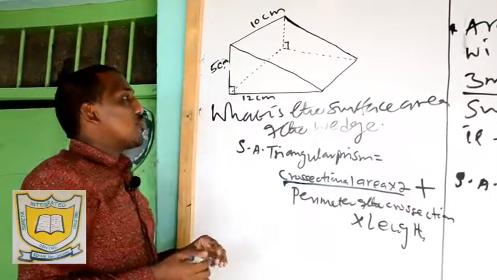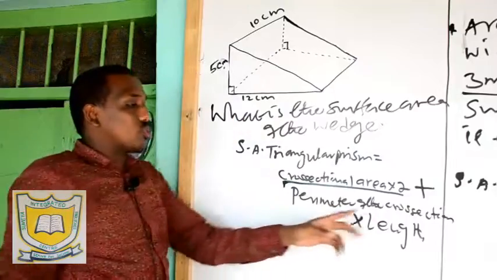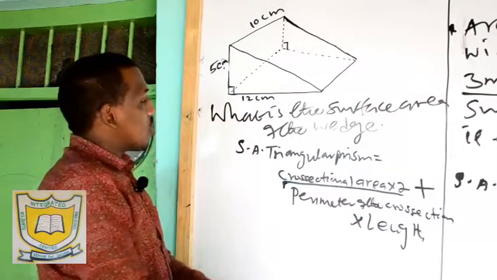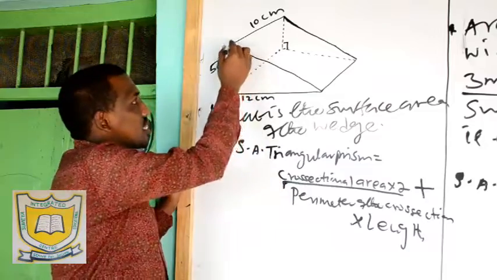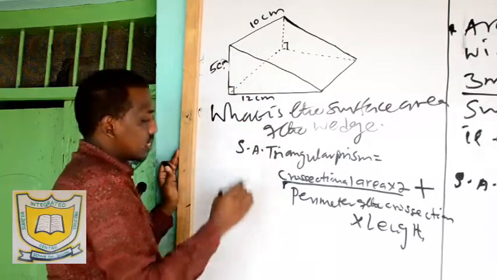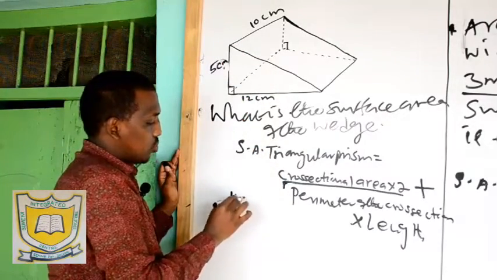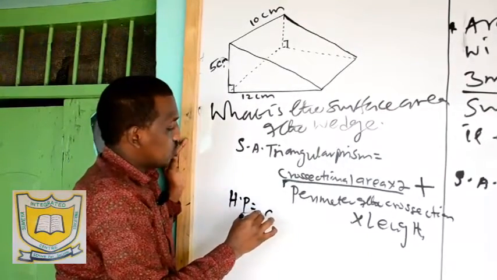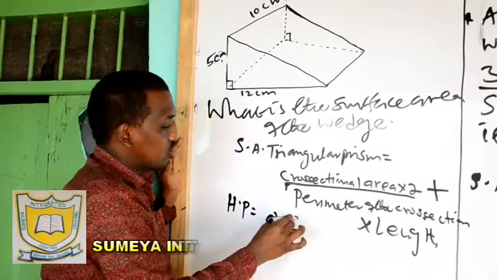So let us get the cross-sectional area times 2, the area of this triangle. First of all, we must get the hypotenuse because we shall be getting the perimeter. How do we get this line, the hypotenuse? The hypotenuse is equal to the square root of a squared plus b squared.